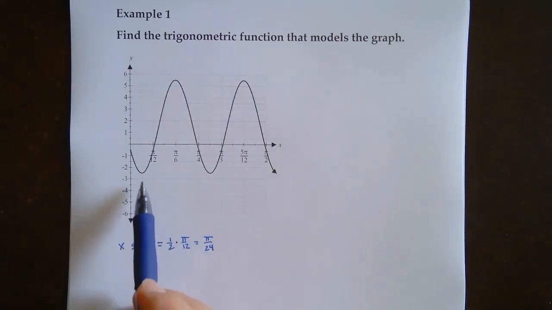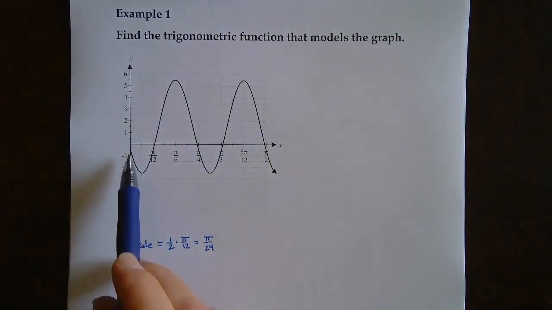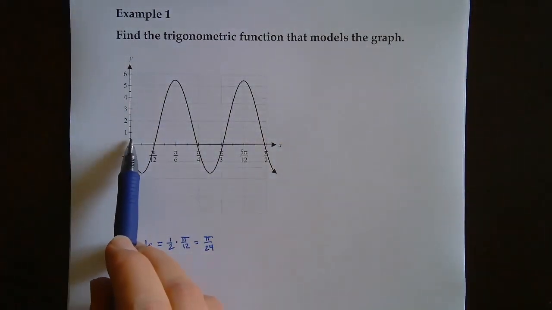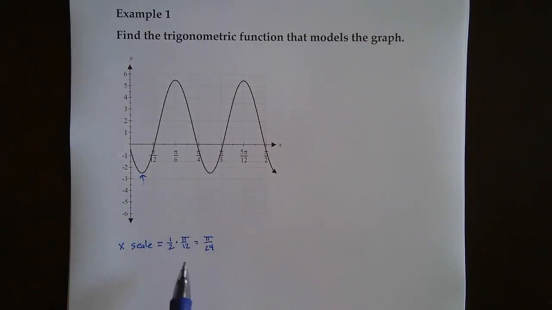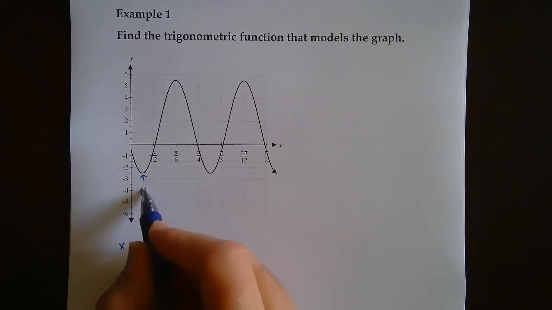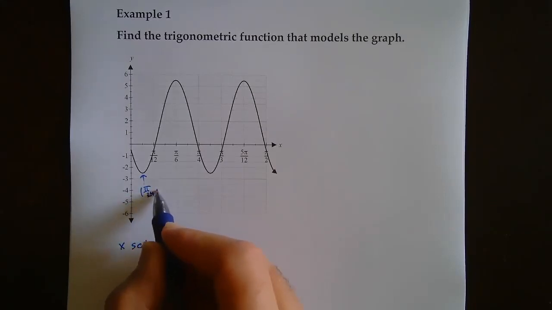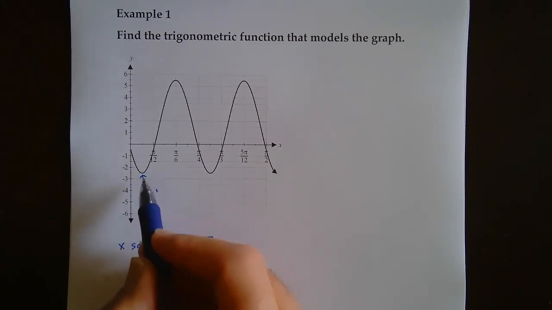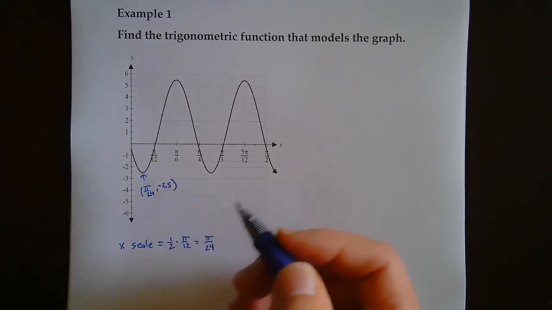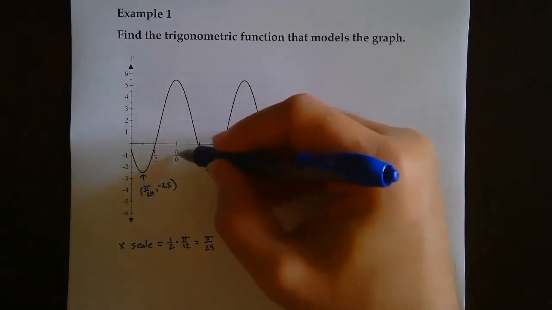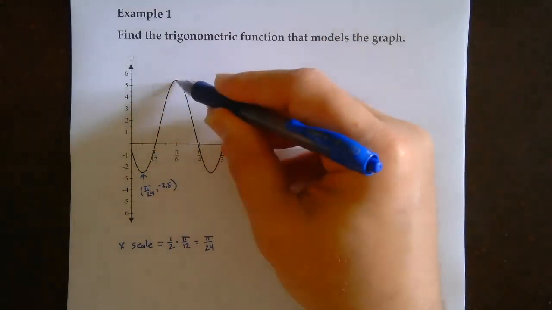All right, so I know that the coordinates right here, I look at my y-axis, and the scale is by 0.5, right? Okay, so I know the coordinates of this point right here, this minimum, is pi over 24, comma, negative 2.5. Okay, and then I know this one is pi over 6.